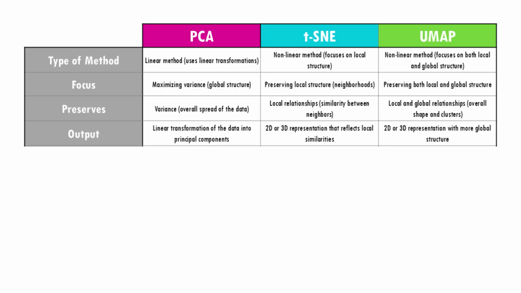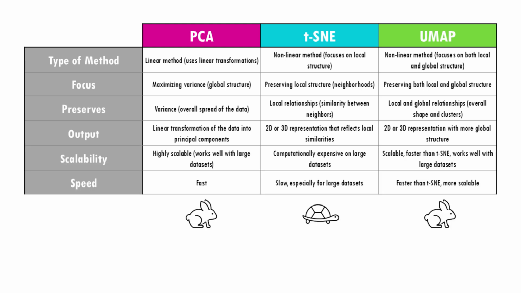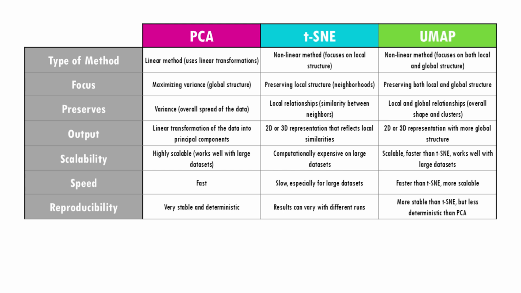So what about performance? PCA and UMAP are great for large-scale datasets. t-SNE is very computationally expensive and slower than UMAP, so it's not the best option if you have a large dataset. In terms of reproducibility, PCA is highly reproducible, meaning you will always get the same results.